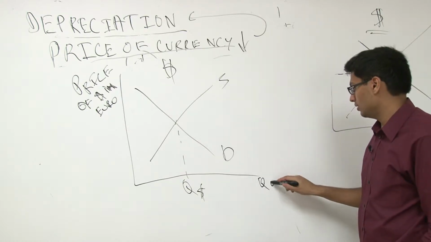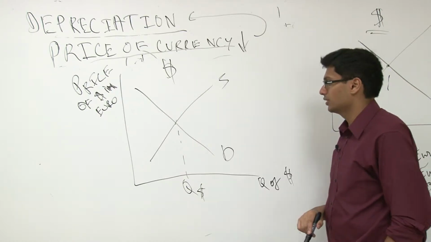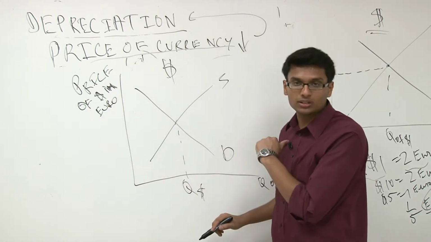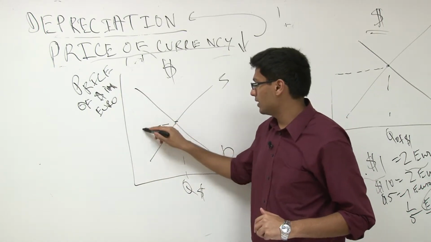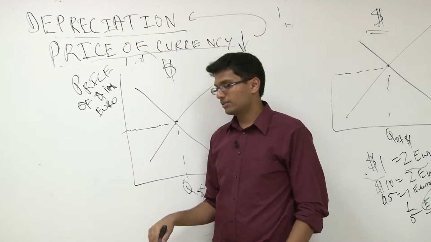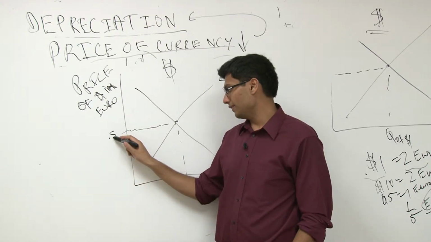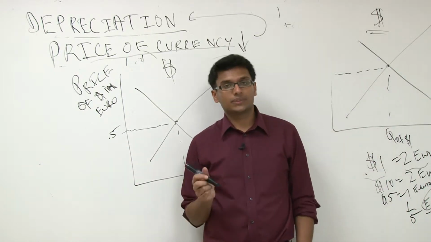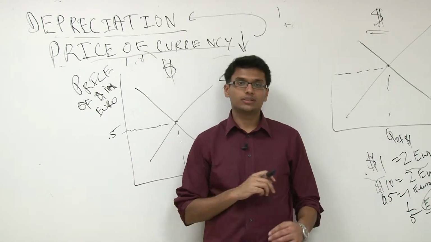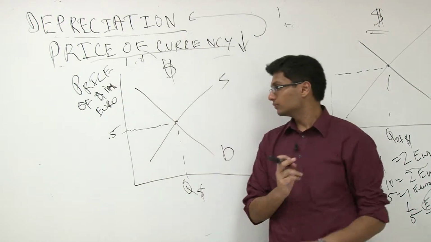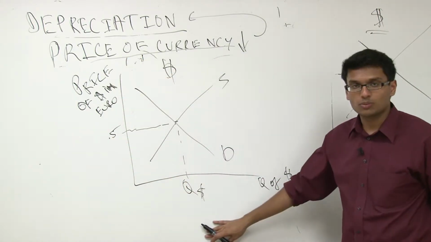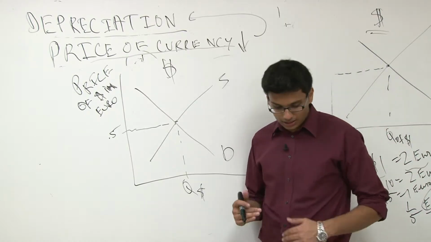So quantity of dollars. And here's the price of dollars in euro, right? So equilibrium states we have a certain quantity that the dollar's at, amount of money, and then the price. Okay, let's say this was at 0.5. Okay, so you have to have, for every 1 euro, you get $2. Okay, so 0.5 is the exchange rate. Okay, so y-axis is exchange rate, x-axis is the quantity of dollars in the market. Let's give you guys an example.